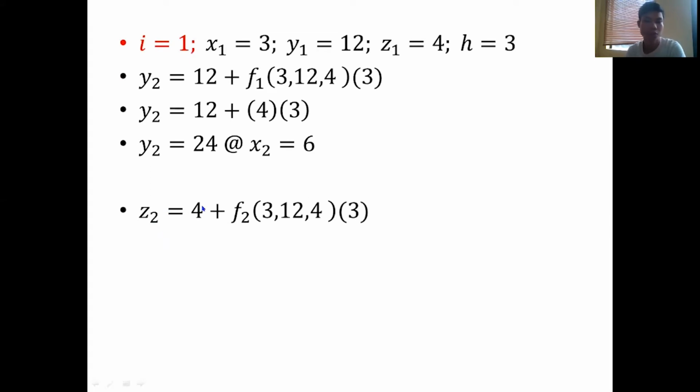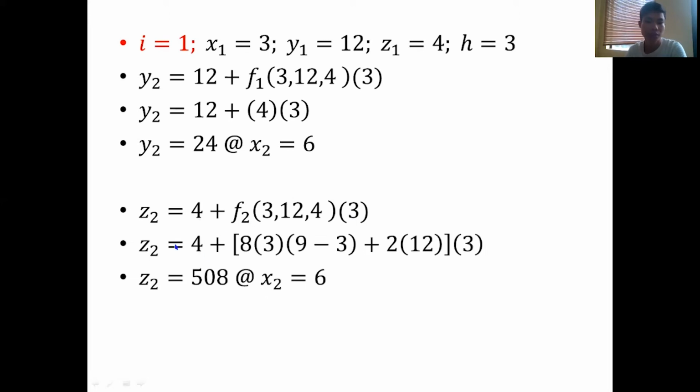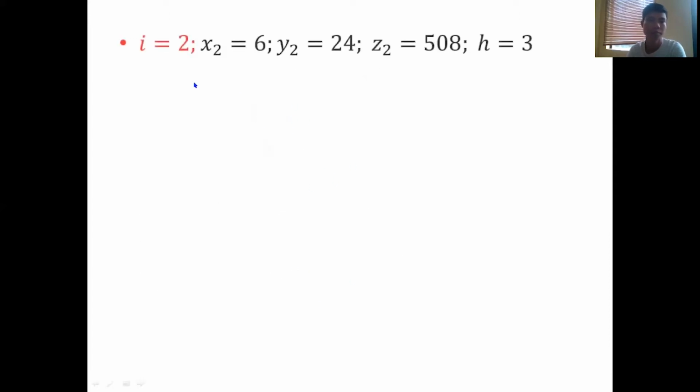So solving for z2, substituting the values, we have 4 plus function 2 of (3, 12, 4) times 3. It will give us 4 plus 8 times x, which is 3, times 9 minus x, which is 3, plus 2 times y, which is 12, multiplied by 3. So we get 508, at the point x equals 6 also.